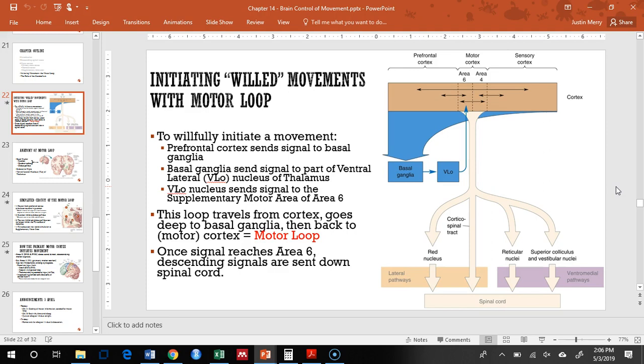A lot of times, we tend to think of area 6 telling area 4 what to do, and area 4 then sends signals down. And that does happen, but we also have axons coming straight out of area 6, going straight down the spinal cord. So it's not just primary motor cortex that has upper motor neurons. These other association areas are also sending signals directly down the spinal cord too.